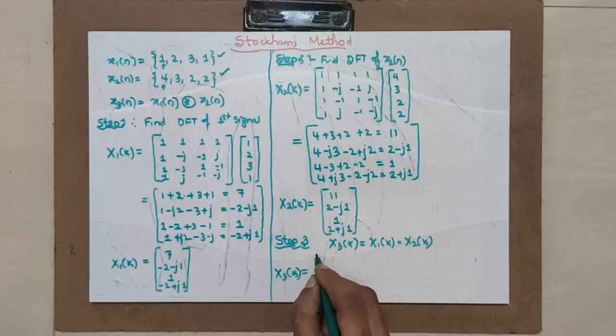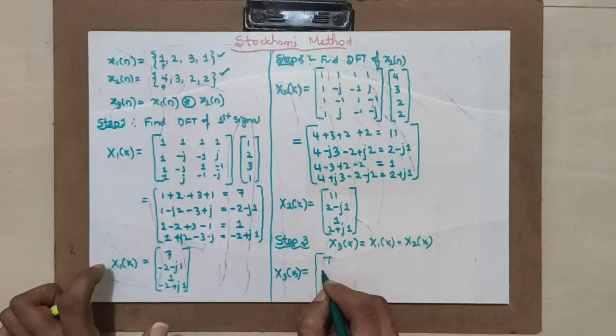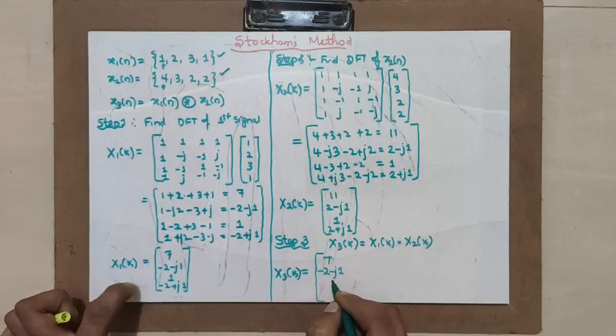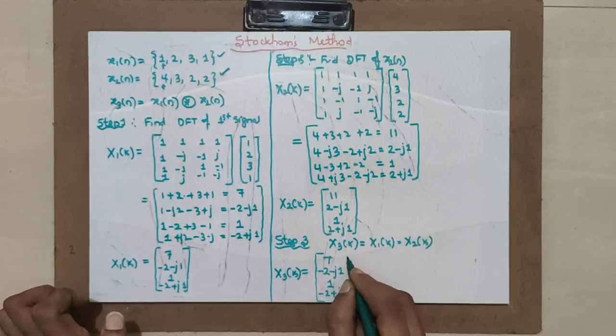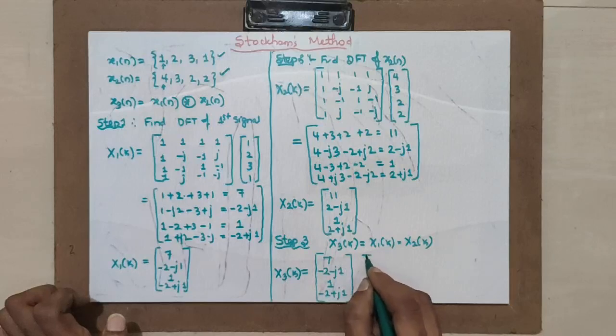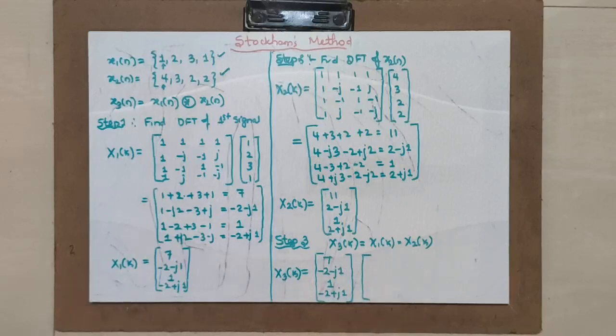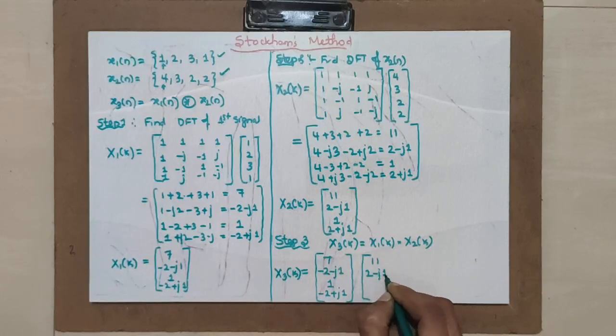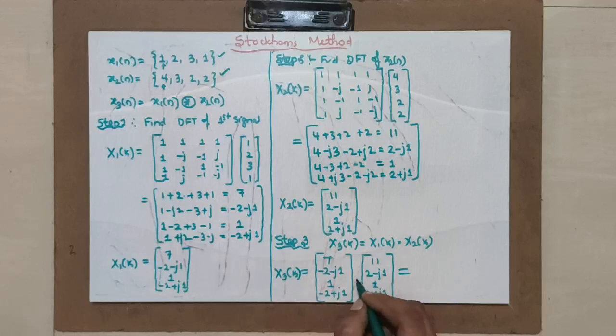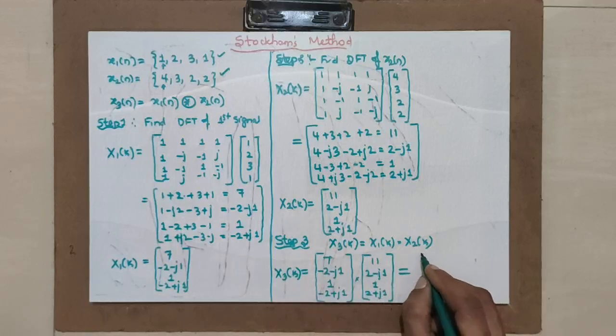X3(k) is equal to X1(k): 7, minus 2 minus j1, 1, and minus 2 plus j1, multiplied by X2(k): 11, 2 minus j1, 1, 2 plus j1. Okay, here it is one-to-one multiplication.